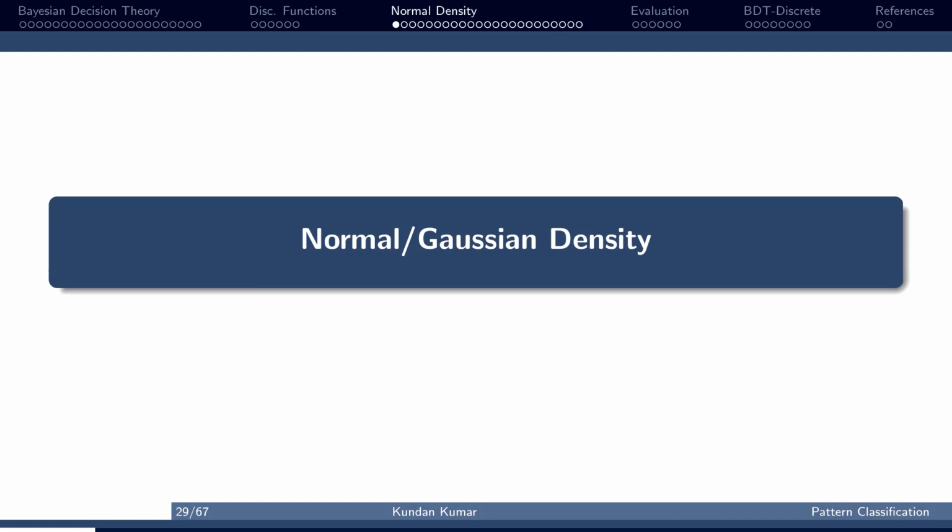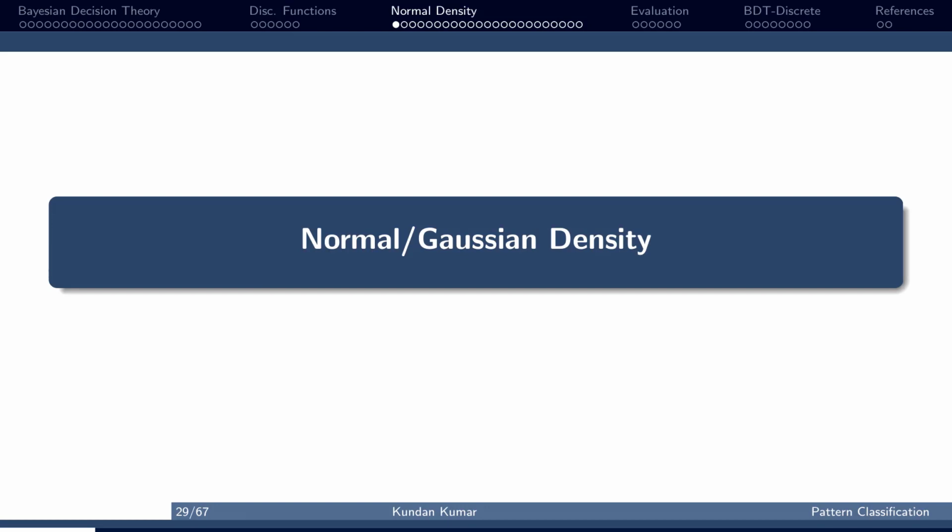Now let us discuss the Gaussian density function. It is also called the normal density function. In real life, most events and experiment outcomes follow the Gaussian density function, like our speech signals.